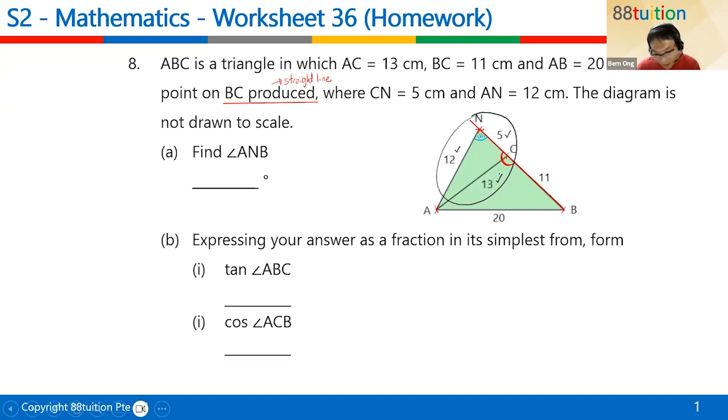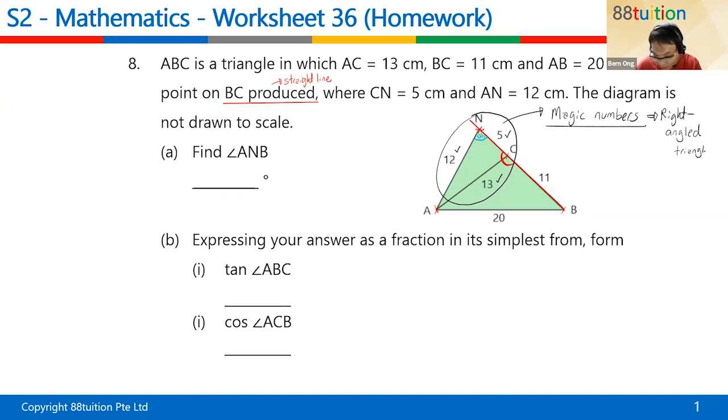Do you know that 5, 12, and 13 is actually a magic number for a right angle triangle? It doesn't even look like a right angle triangle. I totally agree. That's why the question says not drawn to scale.